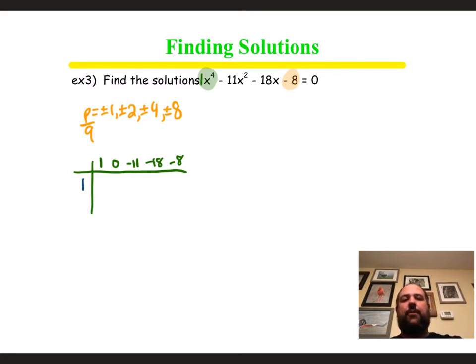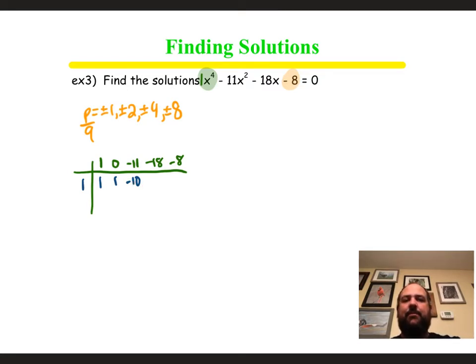So I'm going to modify the way I go through and do this. Again, the first coefficient would always come down. So 1 comes down. And now we're going to take this times that. So 1 times 1 is 1. And I'm going to add it with the 0. That's still going to be 1. Do the same thing. 1 times 1 gives me 1 plus negative 11. That gives me negative 10. Then we do 1 times negative 10.